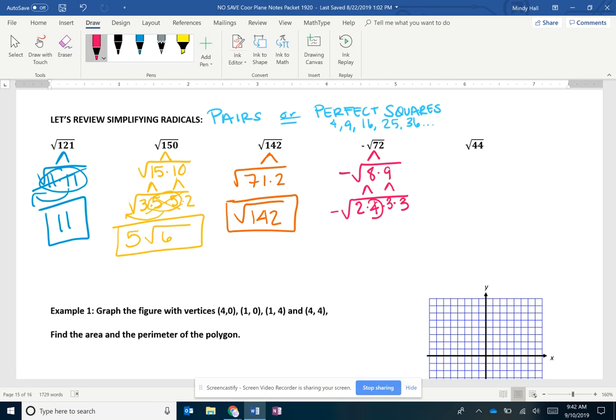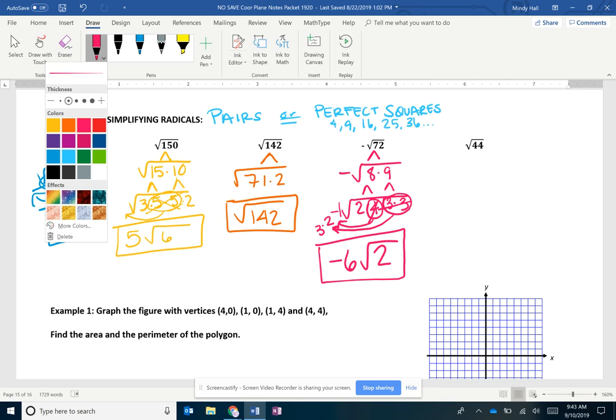But I have a perfect square, that is 4, so that 2 gets to move out. And then this pair of 3s also get to move out. So then I'm left with just 2 on the inside of the radical, and outside I have 3 times 2. 3 times 2 is 6, and then this negative 1 in front would make this a negative 6.